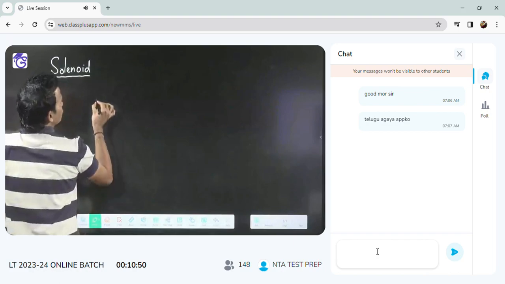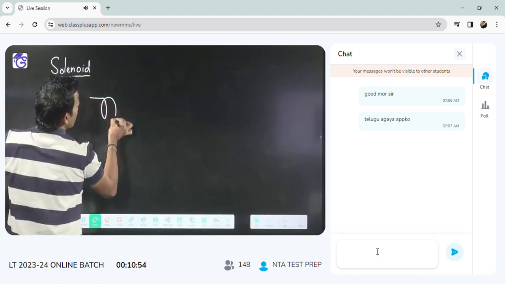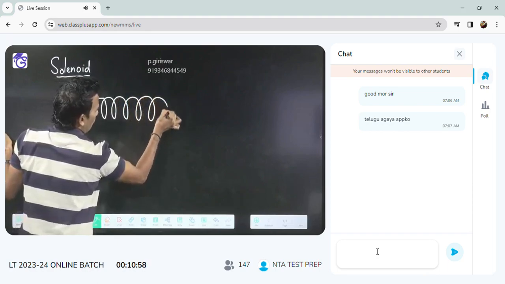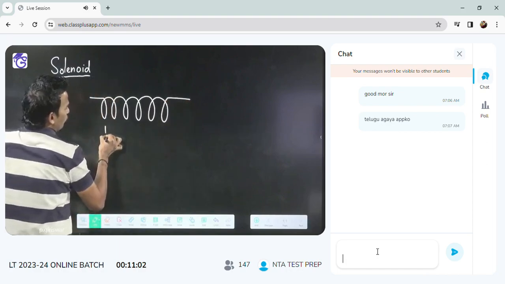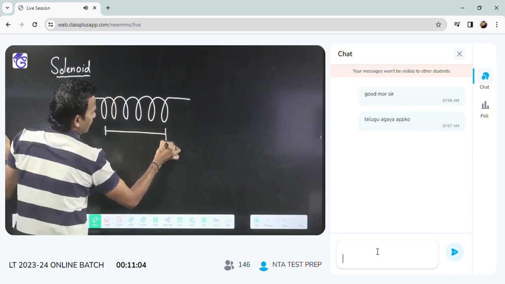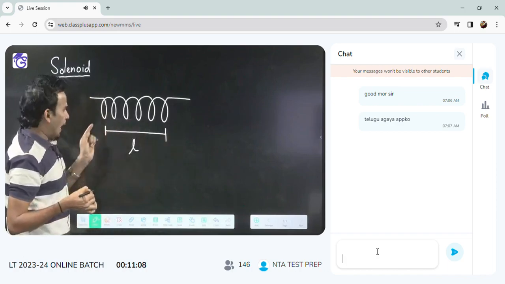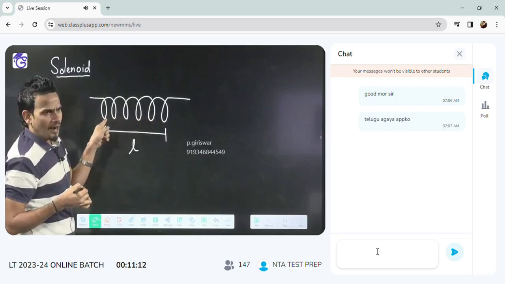And this is how solenoid appears. Every solenoid will have some length. Let's assume length of the solenoid to be L. And in every solenoid, some number of turns will be there. You can count the number of turns.